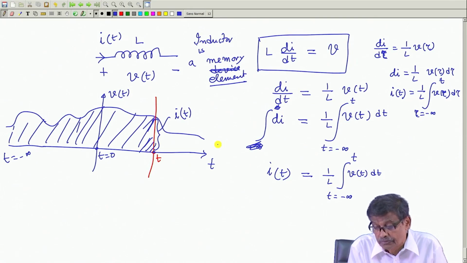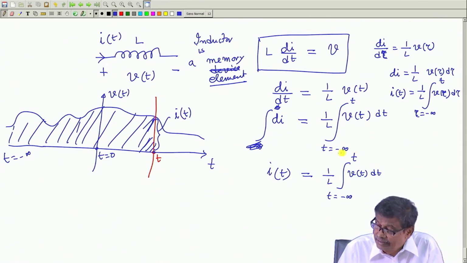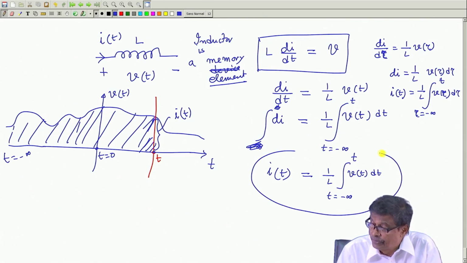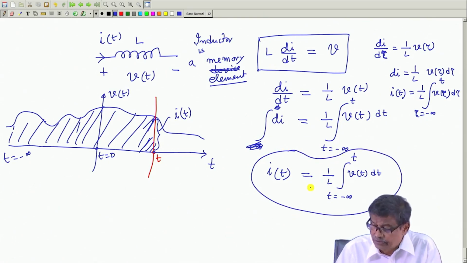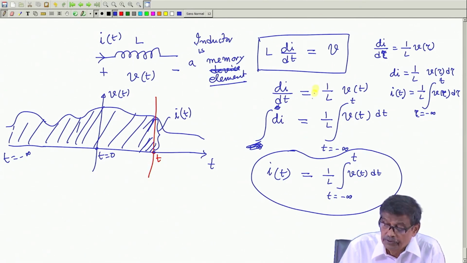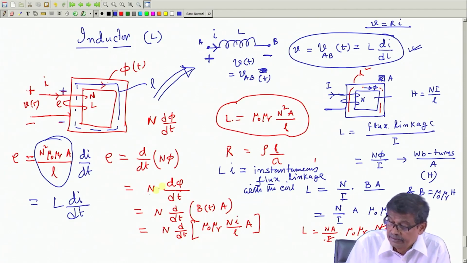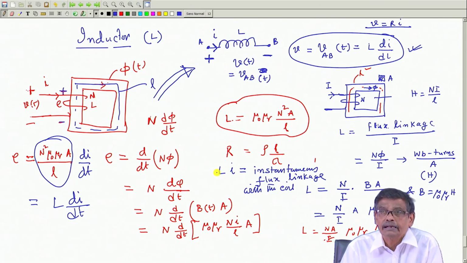That will not be a problem at all, we will see soon, but this is the most important equation one has to remember. So I stop here today. Please try to understand this equation and the inductance, what I mean by it.